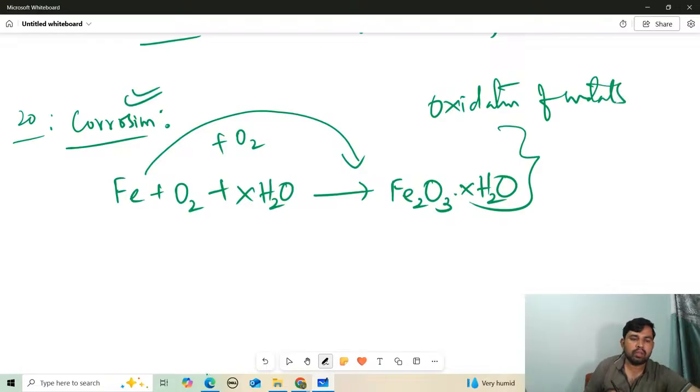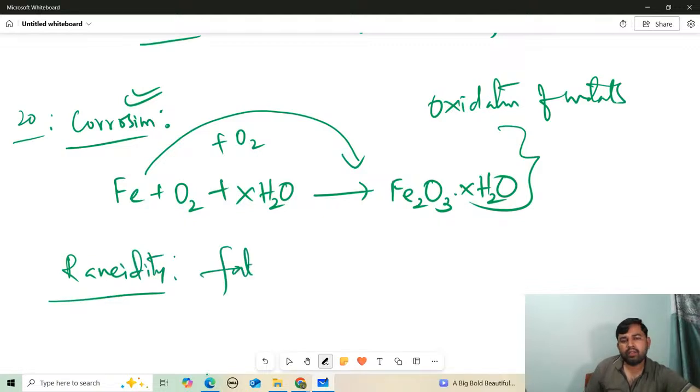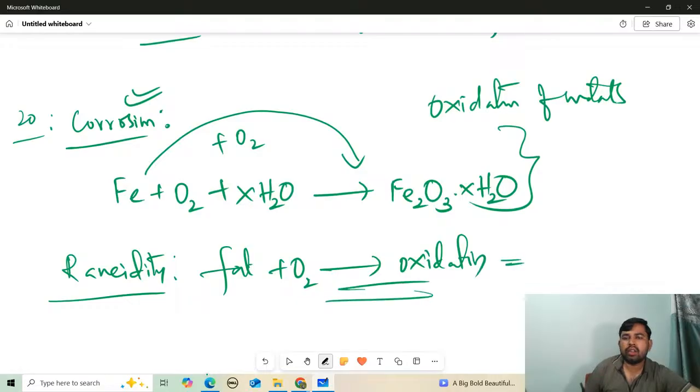So oxidation of metals is generally called corrosion. Similarly, what is rancidity? Rancidity is nothing but fat in food reacting with oxygen and undergoing oxidation. This is called spoiling of food, with a bad smell.